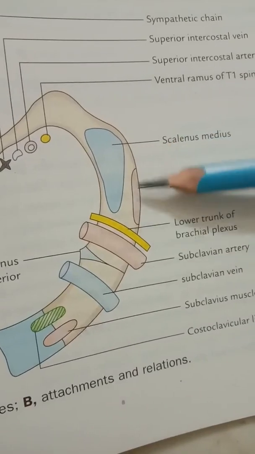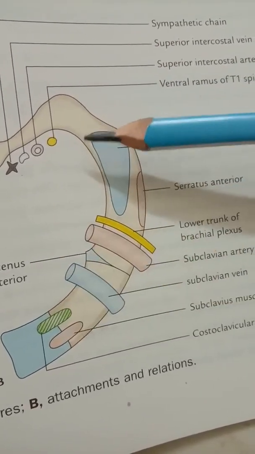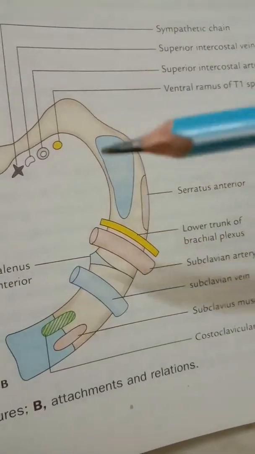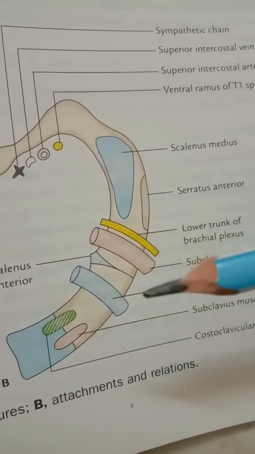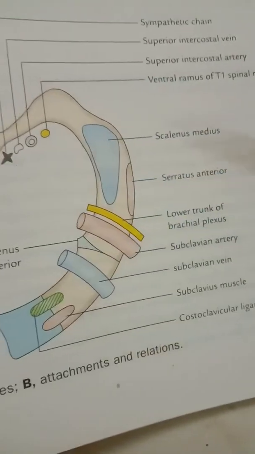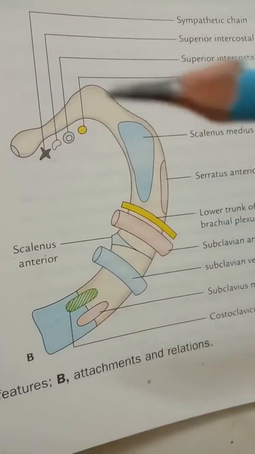Then the inner border gives attachment to the suprapleural membrane, and the tubercle gives attachment to the lateral costotransverse ligament. So these are the attachments related to the first rib.